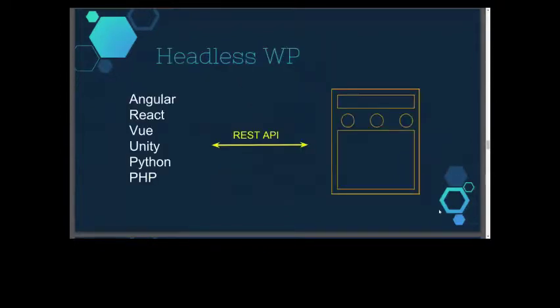With headless, you're taking anything that can make an HTTP call, and you're sending those calls to WordPress over the REST API. So on the right there, you see in orange, that is your JavaScript building the entire site, and only data over the REST API is being sent through WordPress.